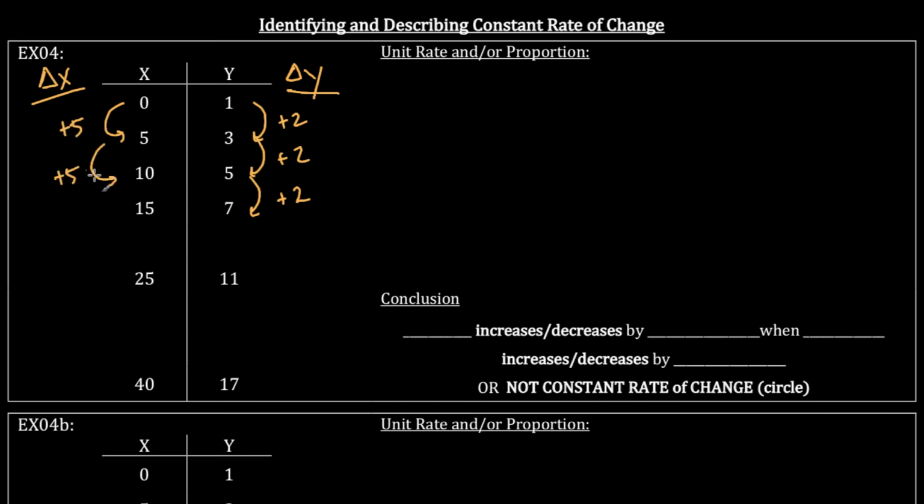Increase by 5. Increase by 5. So change in Y over change in X. So we're adding 2 to Y when we add 5 to X. And a positive over positive is a positive.